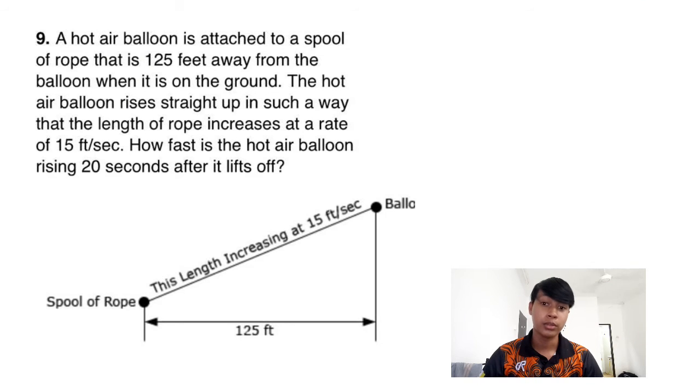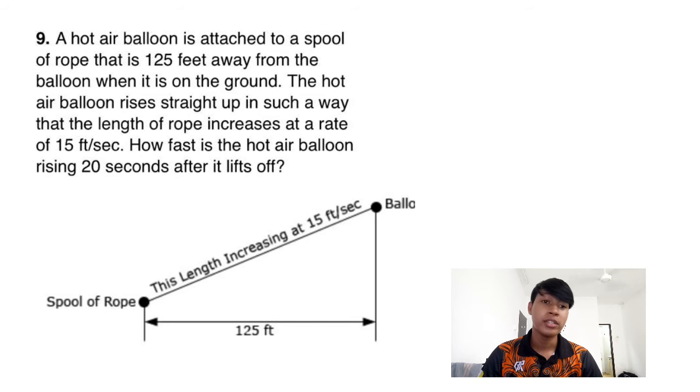Assalamualaikum warahmatullahi wabarakatuh. My name is Muhammad Nabil bin Syaiful Tuah, and I will be talking about the problem statement. The question asks us, how fast is the hot air balloon rising 20 seconds after it lifts off? Based on the information given, a hot air balloon is attached to a spool of rope that is 125 feet away from the balloon when it is on the ground.